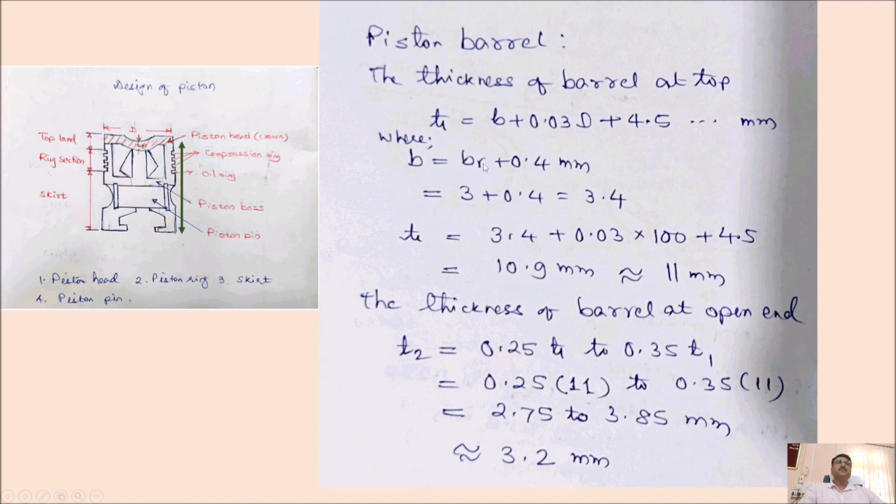BR is the radial thickness, 3, plus 0.4. It is coming as 3.4. T1 will be like 3.4 plus 0.03 into 100 plus 4.5. It is coming as 10.9 millimeter. So let's take T1 as 11 millimeter.